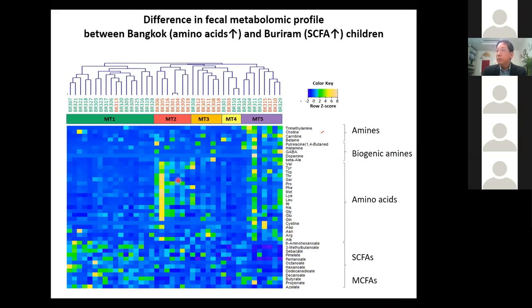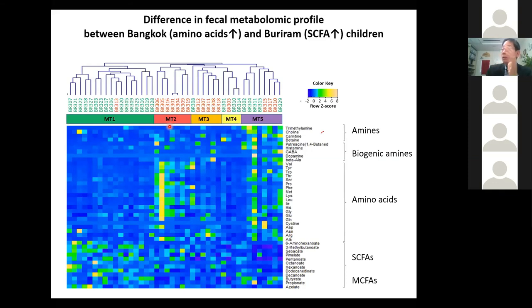And so vice versa, the children in Bangkok are quite low in the short chain fatty acid. So this may be the sign of the crisis for the Bangkok children in Thailand. And actually, we also have the data of the BMI of these two groups of children, and it is quite different. So Bangkok children have many obese.